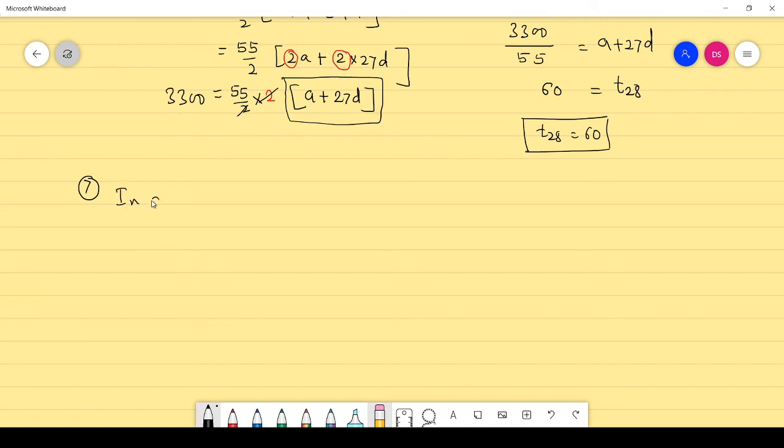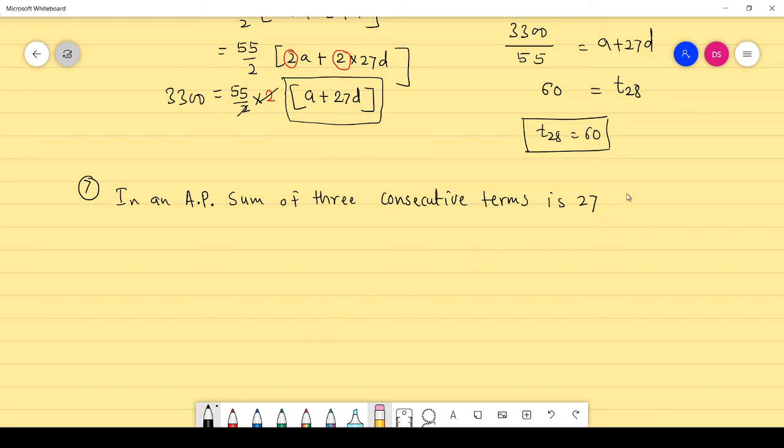In an AP, in an arithmetic progression, the sum of three consecutive terms is 27. That is very important: three consecutive terms. That means the addition of three consecutive terms in that AP is 27. And what is the next statement?